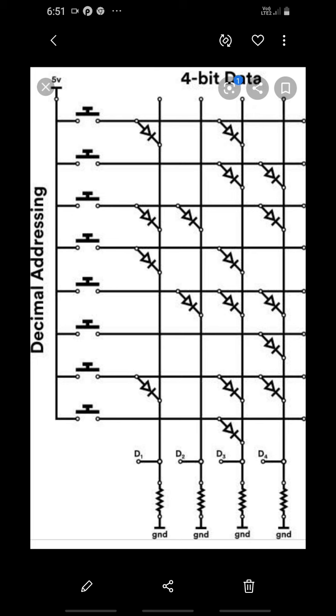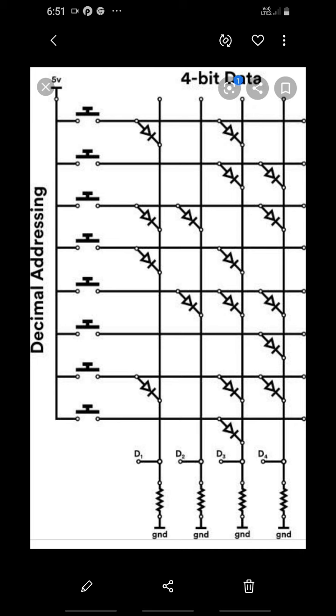That means here R0 to R7 are the memory registers, and 0 to 7 are the addresses, and each address contains a different memory location based on the given block diagram of the diode row.